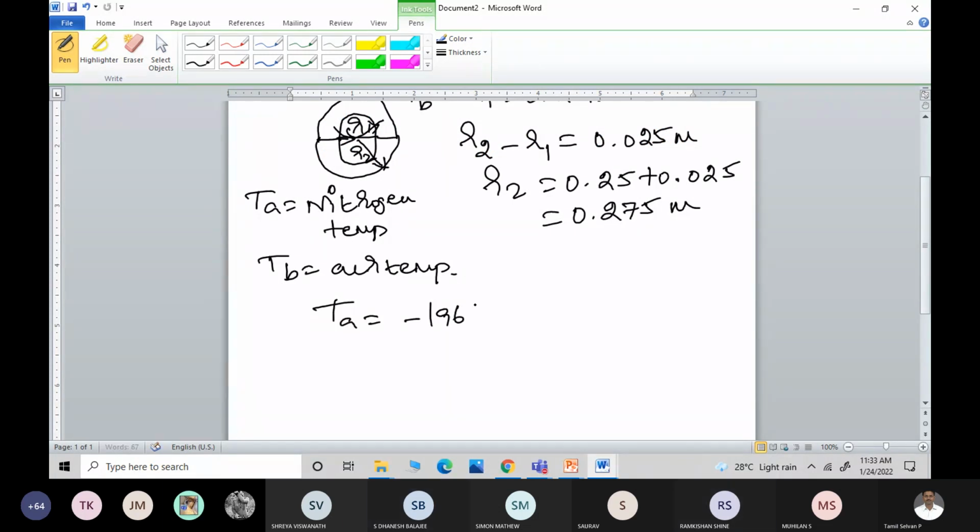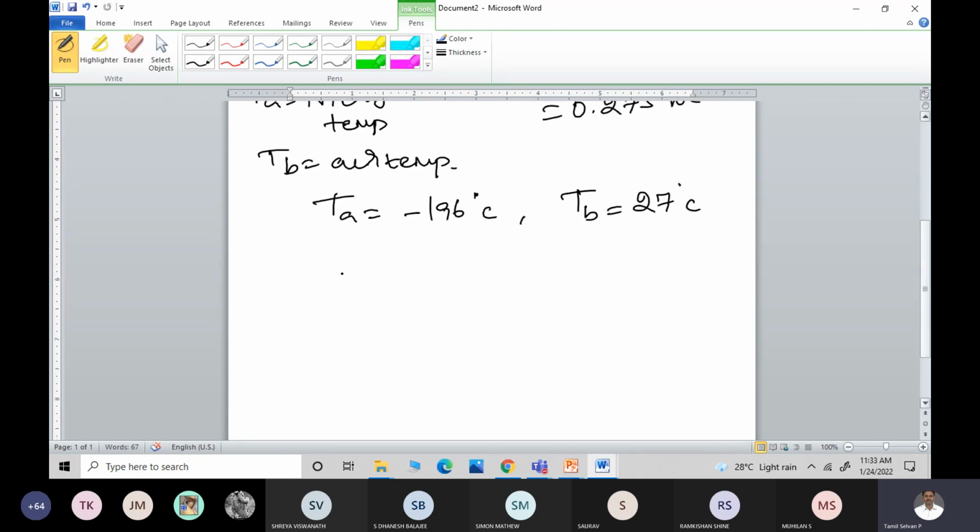So minus 196 and 27. Now where the heat transfer will be, from inner side to outer side or outer side to inner side? So you will be getting the answer in minus. Why it is so? Because the heat is transferred from the outside to inside, but we assume the heat flow as inner side to outer side.